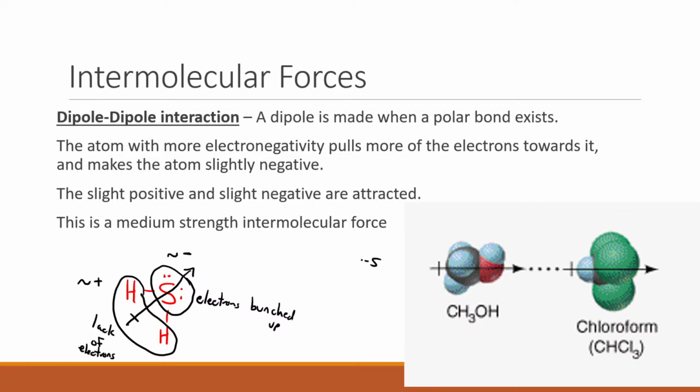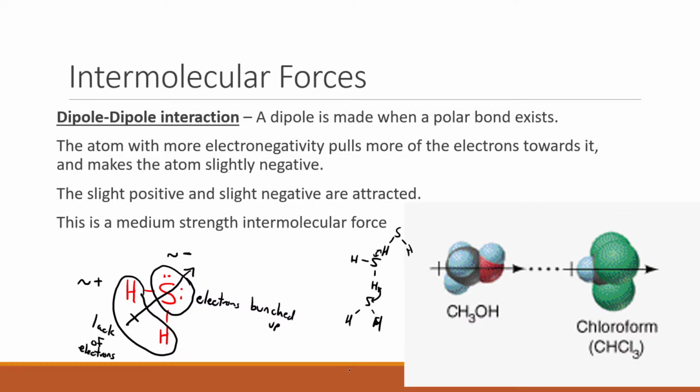If I drew SH2, these H's are going to be pulled towards the S of a different molecule. And so on and so forth. We now have this magnetic attraction, with these arrows that I'm drawing here.